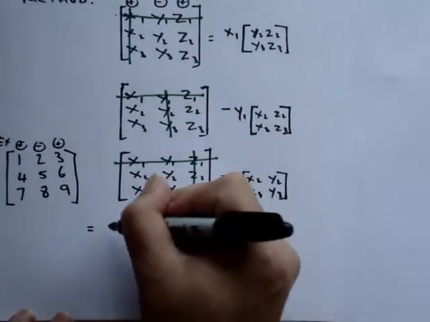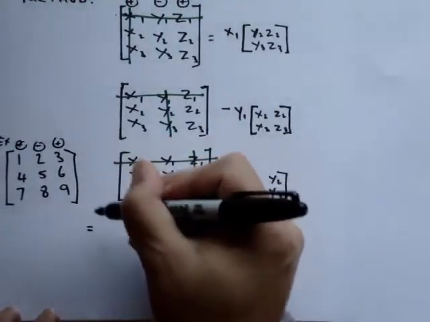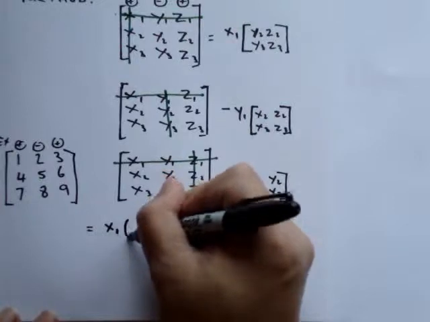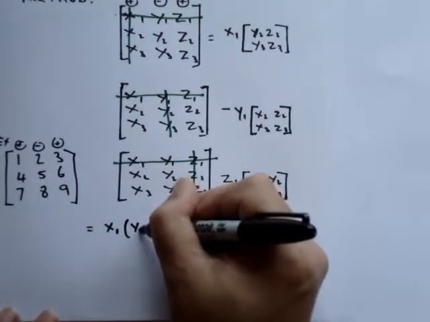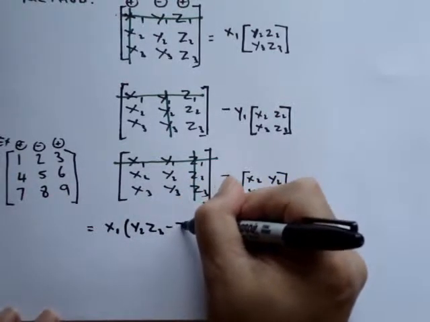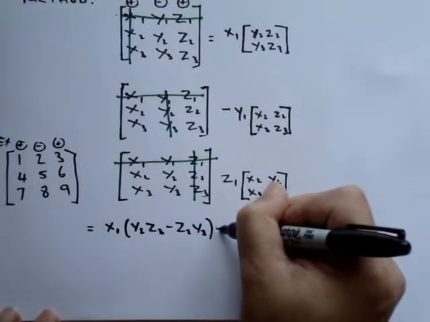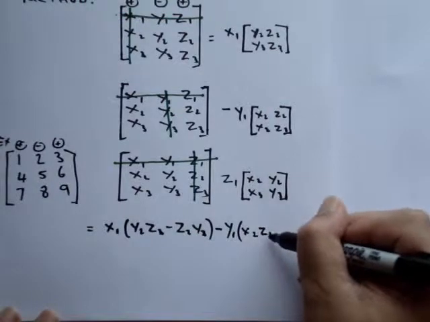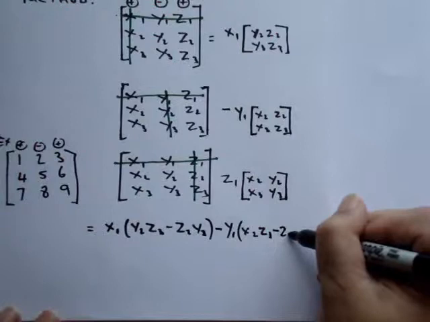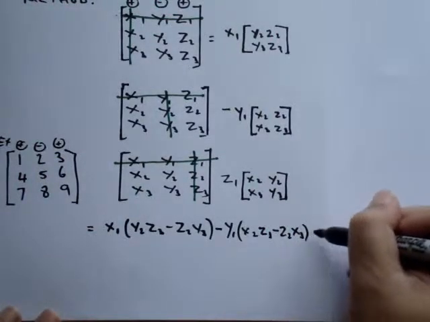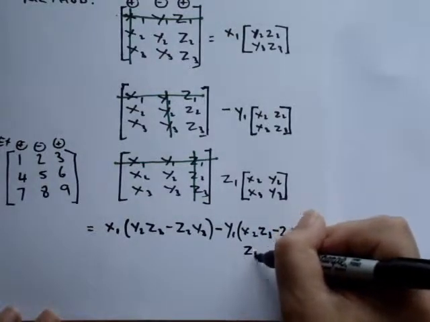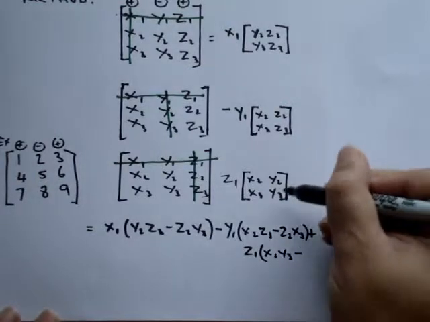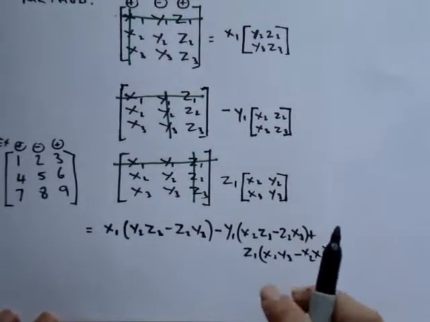So this then becomes x1, and we're going to do our calculation based on here, so it would be y2 z2 y3 z3, that is y2z3 minus z2y3, then minus our y1, x2 going across z3 minus, going this way, z2 x3, then plus z1, then this would be our x2 y3 minus y2 x3.